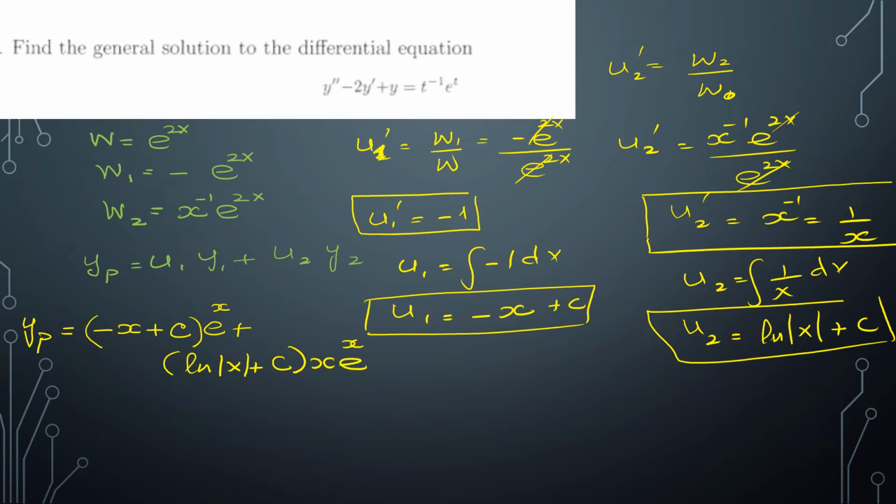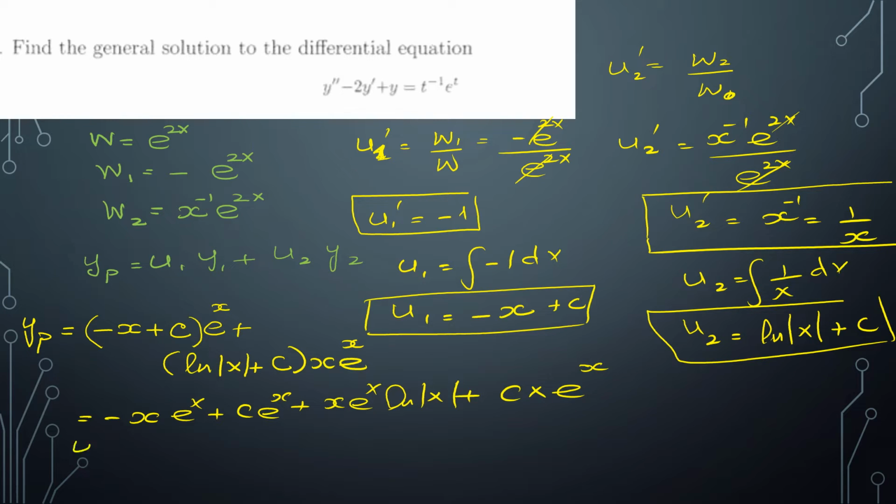You can open, distribute, and that's it. So you will get negative x e to the power x plus c e to the power of x plus x e to the power of x ln of x plus cx e to the power of x.